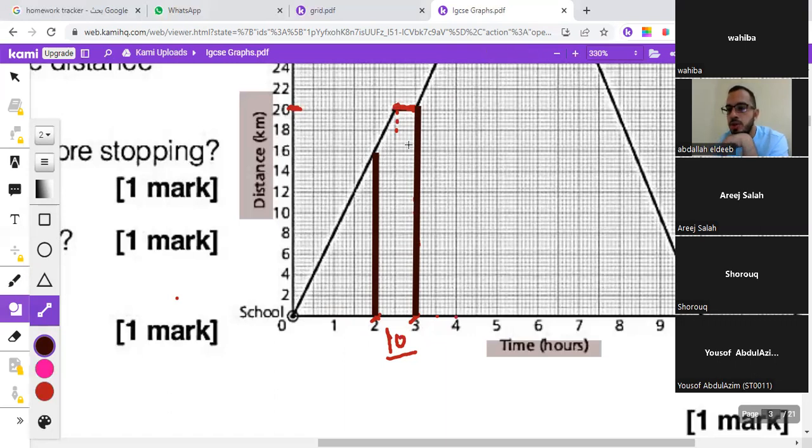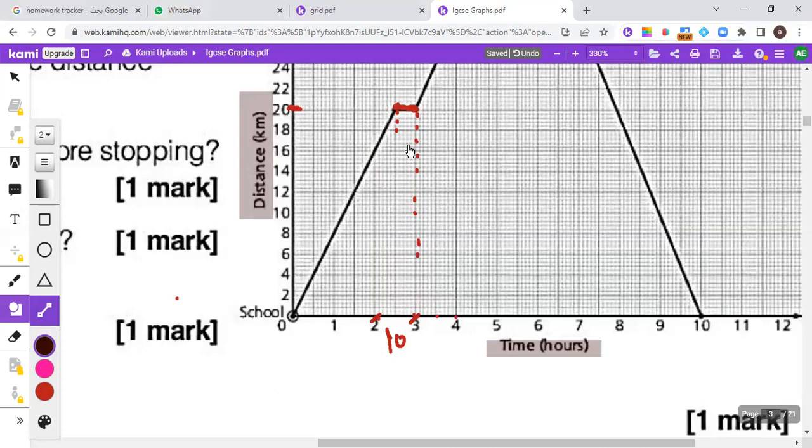So 60 divided by 10 equals 6. So each line represents 6 minutes. And this line is the 5th one. So 6 multiplied by 5 is 30. So it is 2:30. So we have 30 minutes.